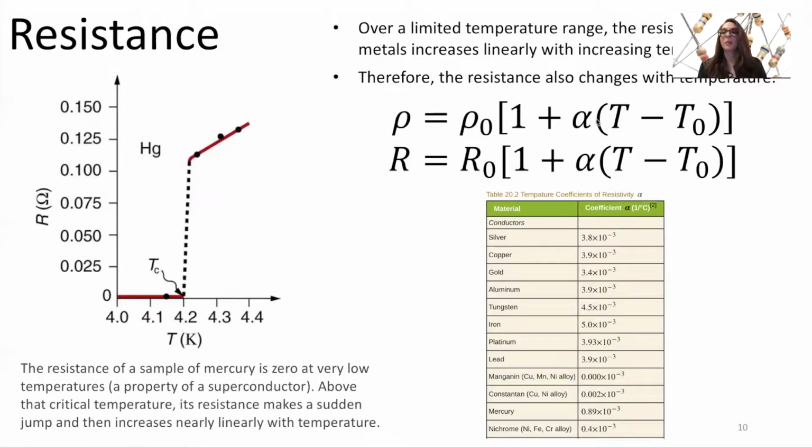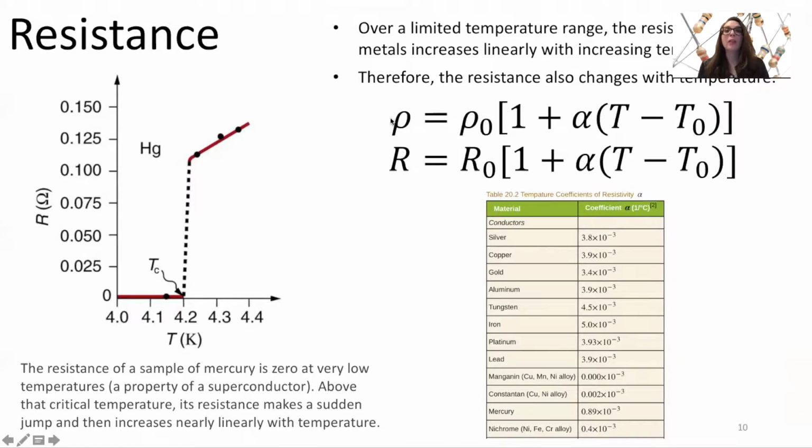And alpha is called the temperature coefficient of resistivity, and it has a unit of an inverse Celsius. And let's see, so the temperature T is here. That would be some final temperature to which the resistor has been warmed.